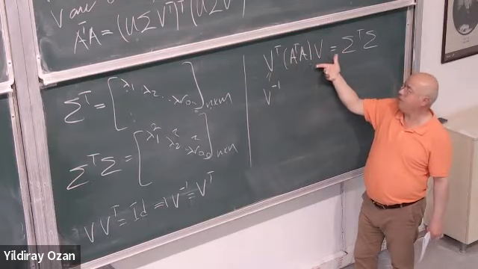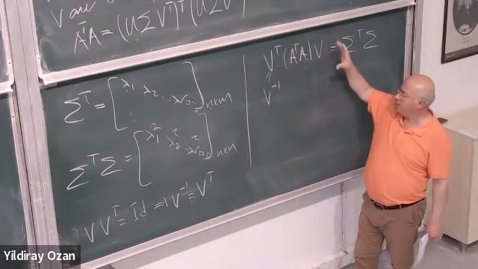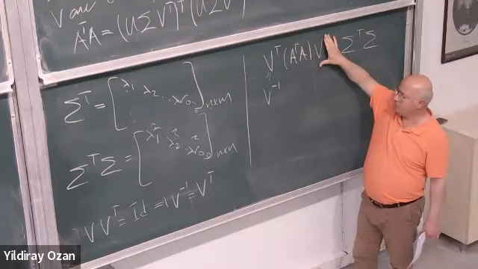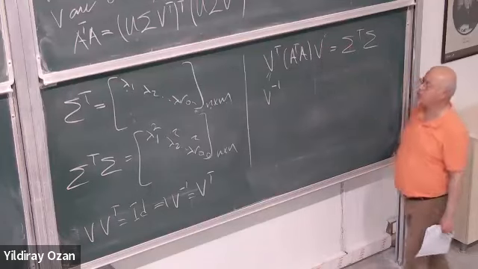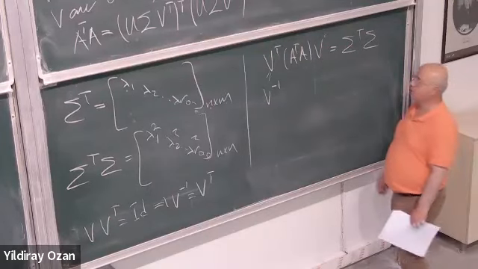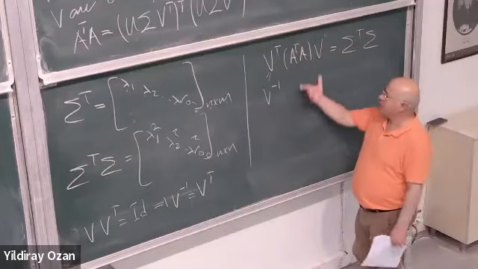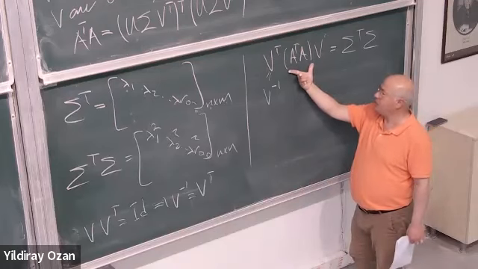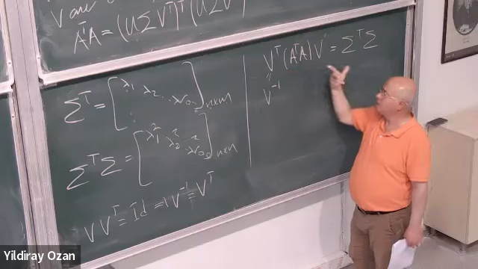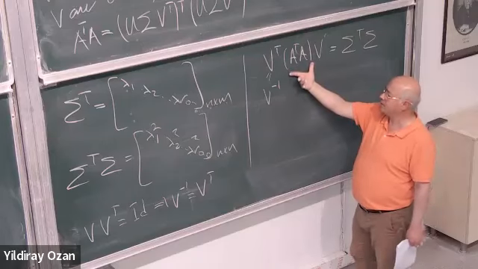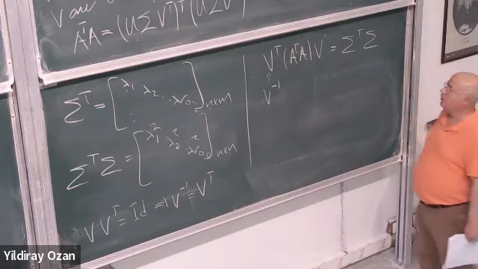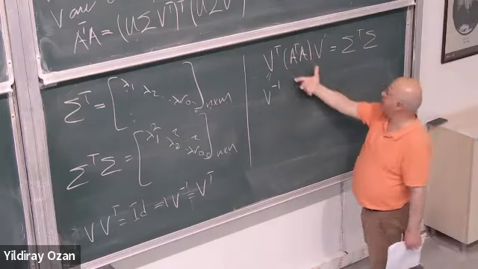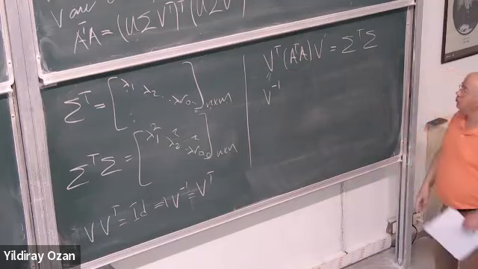And this is a base change matrix, but it is actually an orthogonal matrix. This means this matrix is diagonalizable, and the basis which diagonalizes this is orthogonal, and all the eigenvalues of this are actually positive.